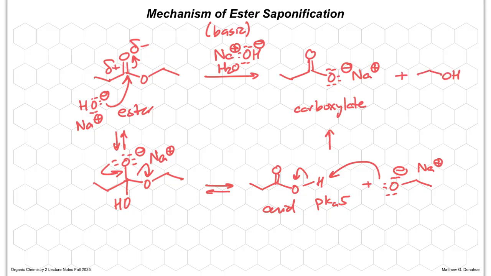So the reaction will sit there until the pH of the medium is adjusted to about 4, which will then reprotonate that O minus. Any questions?